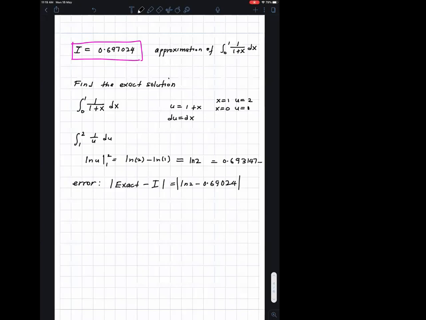Because for error, we are interested in just knowing the absolute value. So that's going to give you 0.693147.